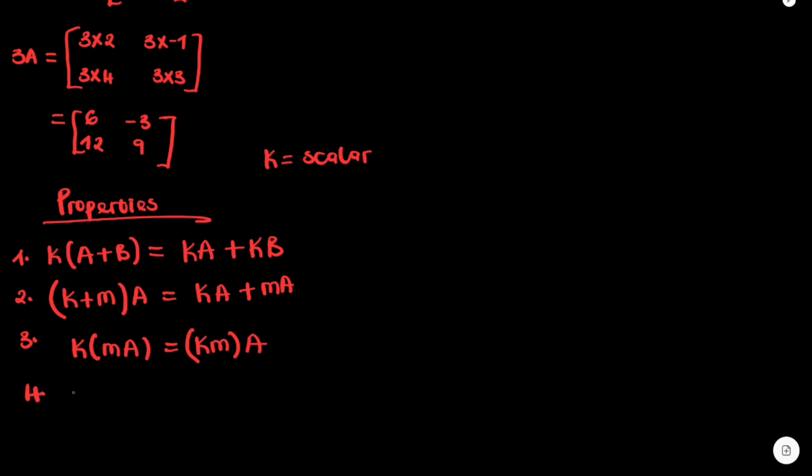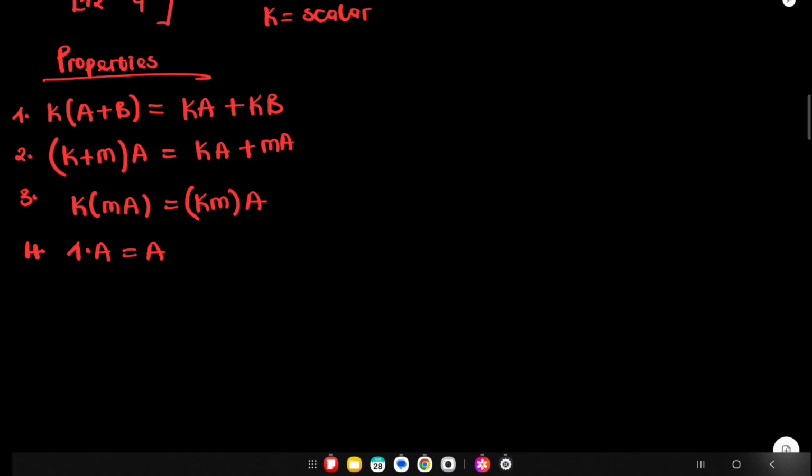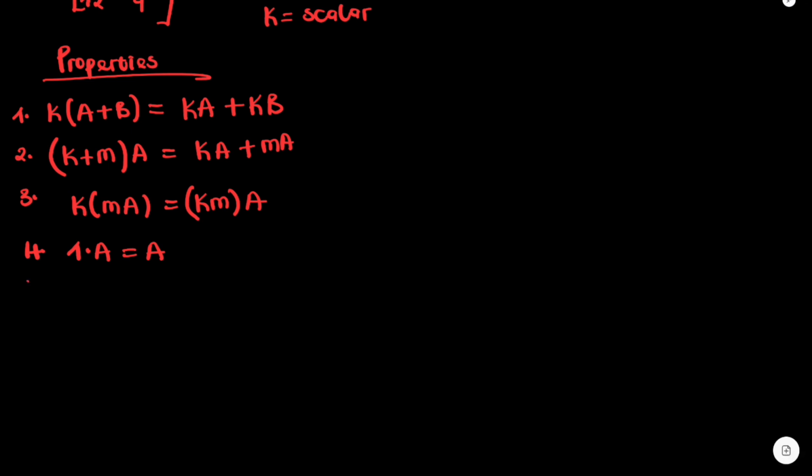The fourth property, 1 times a scalar is basically the scalar. 1 times a matrix is basically the matrix, the same as 1 times a number is that very number. It applies here too. And 0 times the matrix is 0.